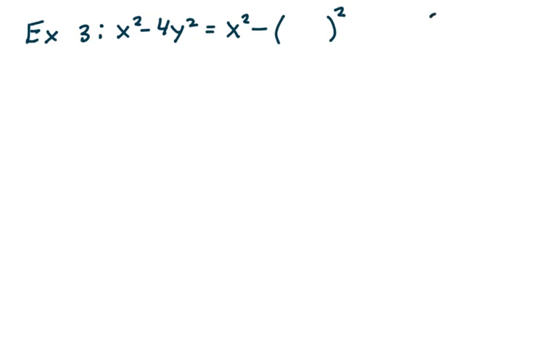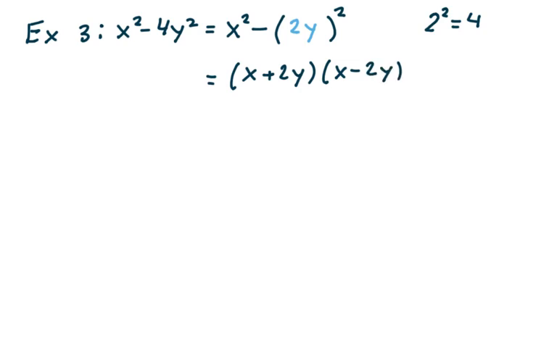Now, remember, I happen to know that 2 squared is equal to 4. And so what we would put inside the parentheses is 2y. 2y raised to the second power is 4y squared. And if I go to factor, following that pattern, I get x plus 2y times x minus 2y, like so.